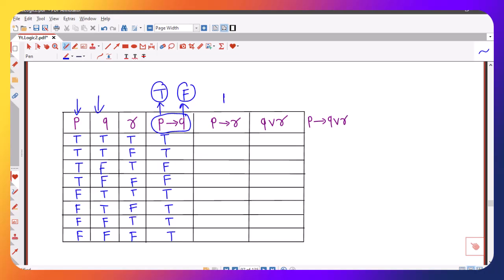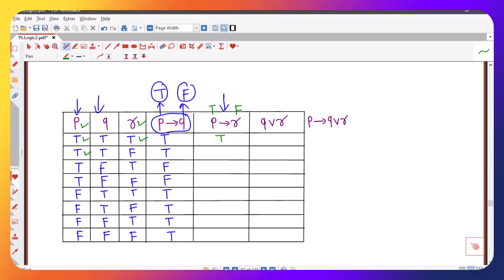Similarly, we have to write the column corresponding to P implies R. So for that we will concentrate on the columns of P and R. Again this is false when P is true and R is false. So we start with the first row. Here P is true, R is also true. Therefore we write true here.